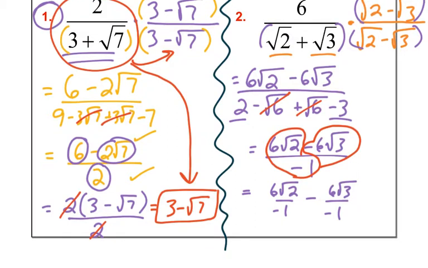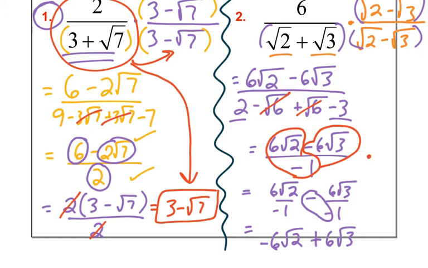And that just changes the sign of the first one. Remember, with the properties of negatives, that just turns into a regular negative 6 root 2. It changes the second one to a negative 6 root 3, but we're also subtracting here, so that basically turns into a big plus.